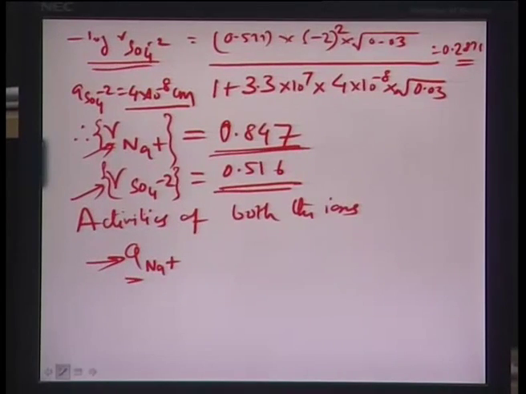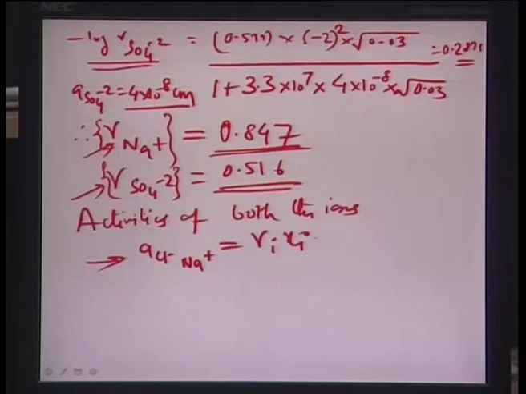Let us just get a different name here for convenience sake. Let us write act Na plus equals gamma i times Xi.